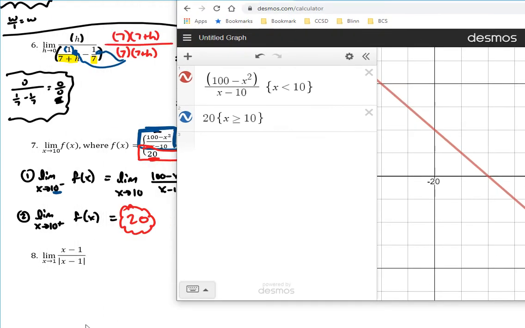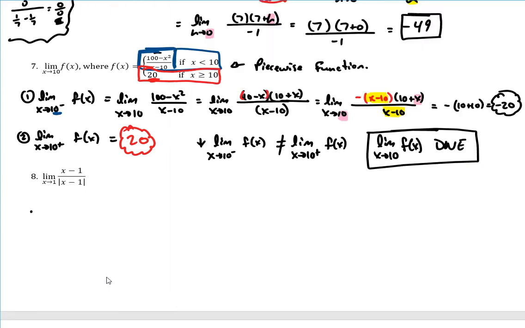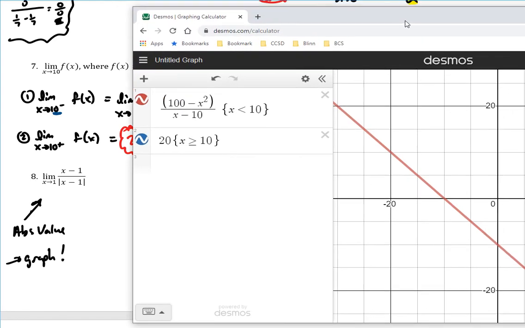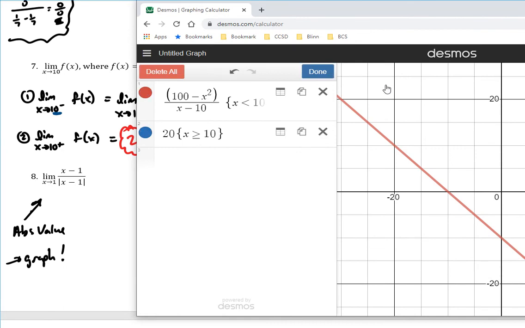Okay, and then while we're here, so this absolute value function, when you have an absolute value function, it is best to just graph it. Okay, so absolute value. Let's just go ahead and graph it. Because this one we can't really do in an algebraic way that's nice. We kind of have to manipulate things that are a little strange. So let's go ahead.